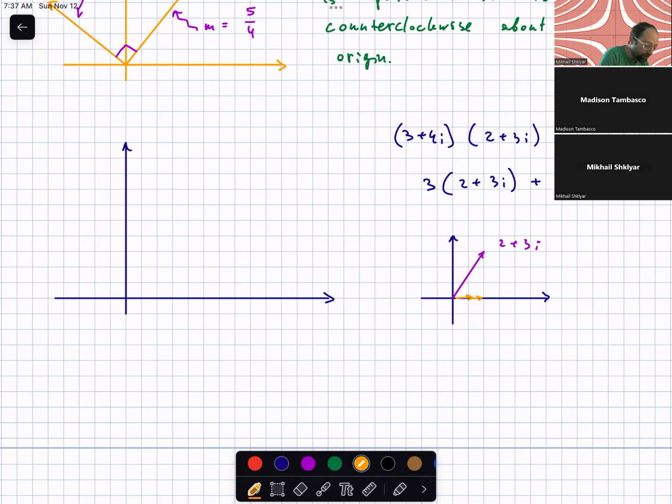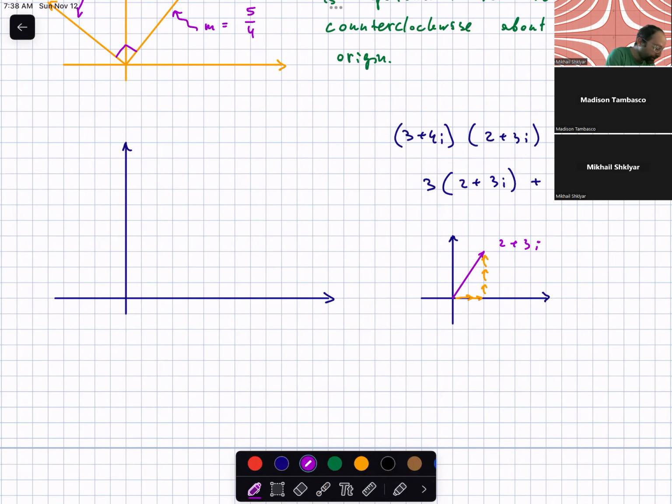So it says go 2 to the right and go 3 up. So 2 plus 3i represents this number in the complex plane. Now what I'm going to do is take this multiplication and try to express it on the complex plane. So it says take 2 plus 3i and add it to itself 3 times, so scale it by a factor of 3. I'm just going to draw it very carefully.